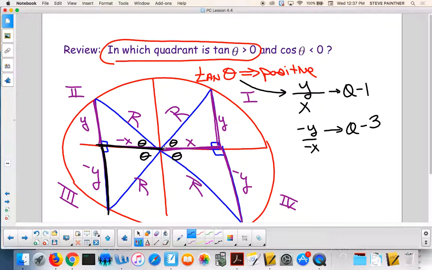Okay, second question. In which quadrant is cosine, what does that say? Less than 0. So I'm saying, where is cosine negative? 2 and 3. Okay, so let's go down a little further.